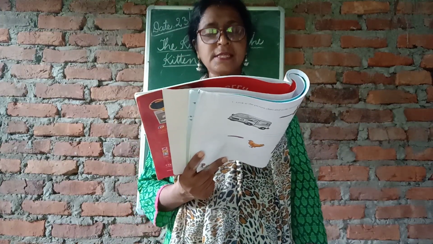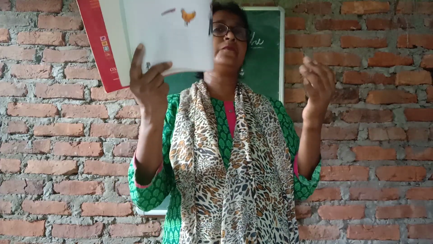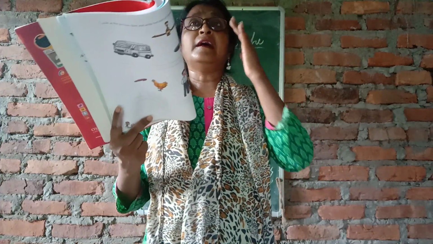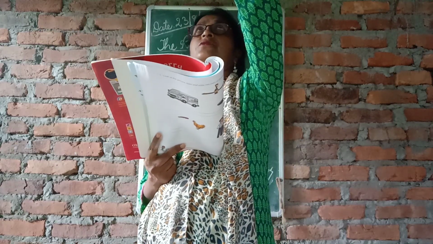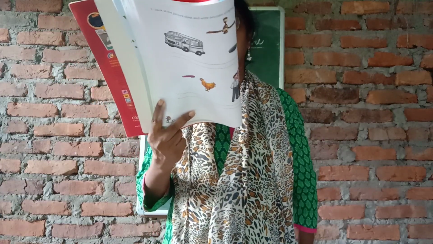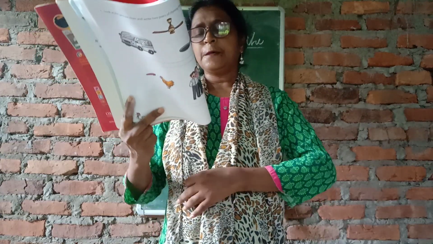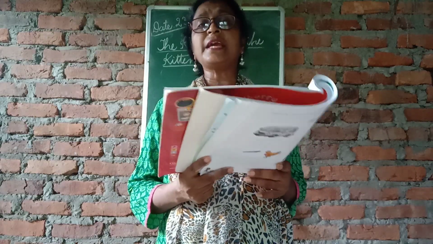She watches it fly, and while she was flying, it went up and she was watching the kite flying in the sky with the wind, and this kite was making a sound.